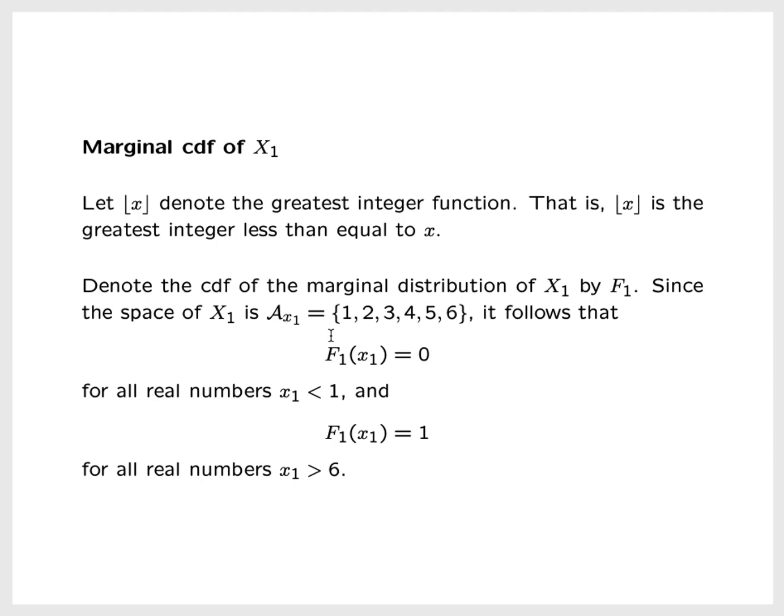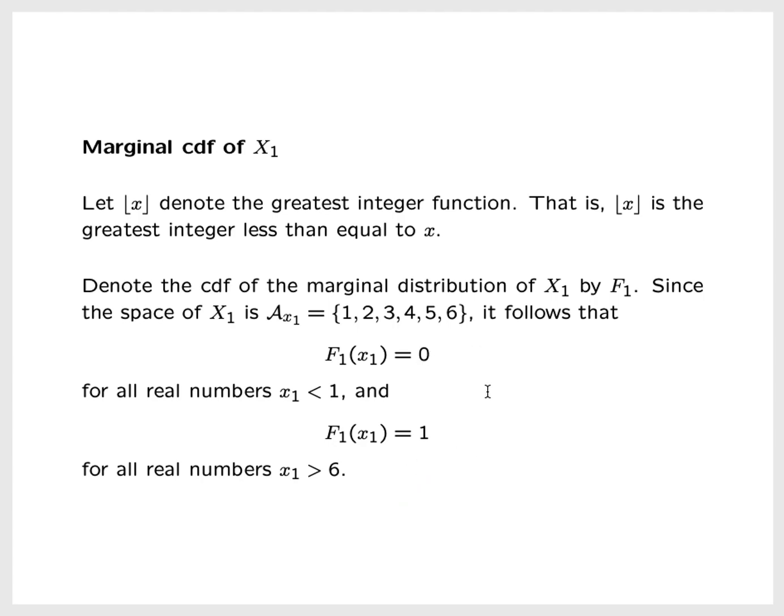So the marginal CDF of x1 evaluates to 0 at any value of x1 that is less than 1. And if we evaluate it at any value of x that is greater than 6, which is the largest value in the sample space, then we've accumulated all the probability, and so it evaluates to 1.